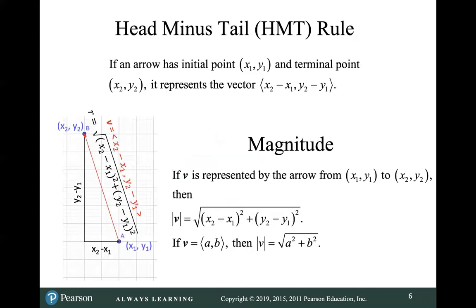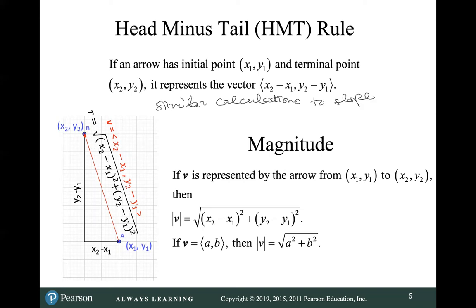Okay. The way that we can calculate a vector from given points is called the head minus tail rule. Now, if you think about this, this is actually pretty intuitive. We would probably have used this even if we didn't have a rule for it. And you might recognize this as being very similar to slope calculations.